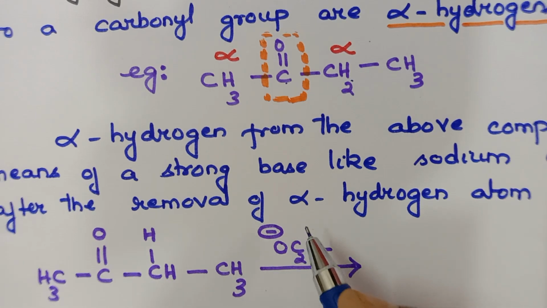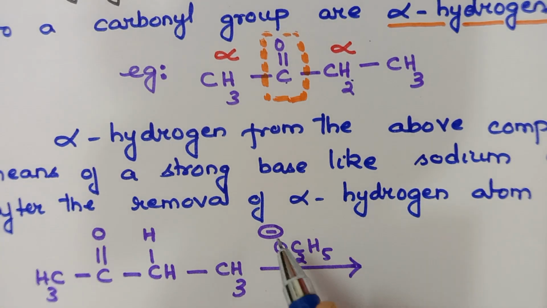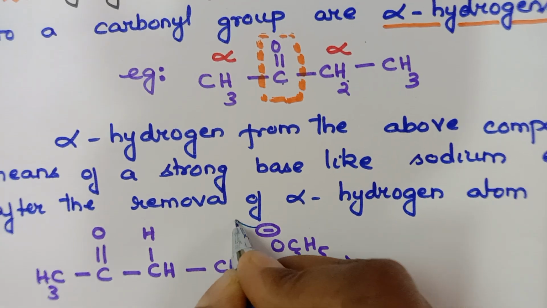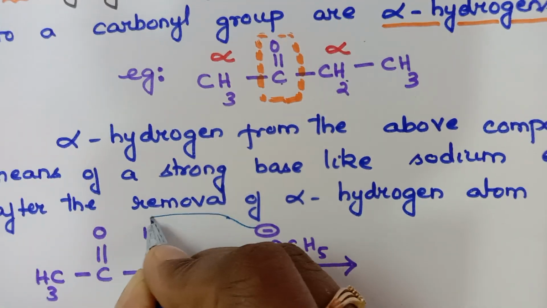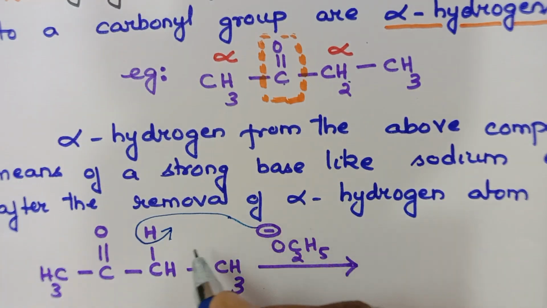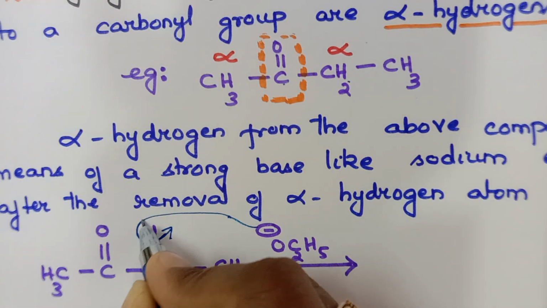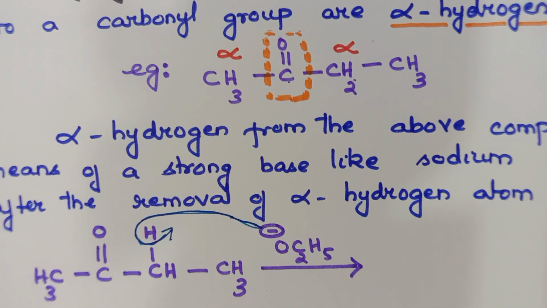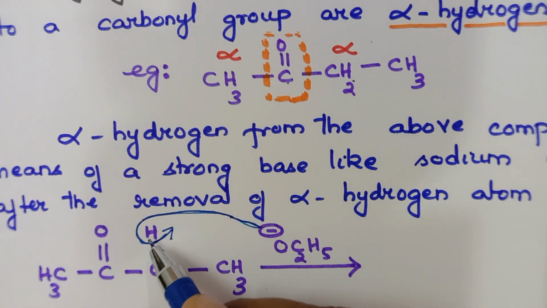This ethoxide ion takes up, carefully write down, this OC2H5 takes up the alpha hydrogen, and this H is coming as H plus, students.